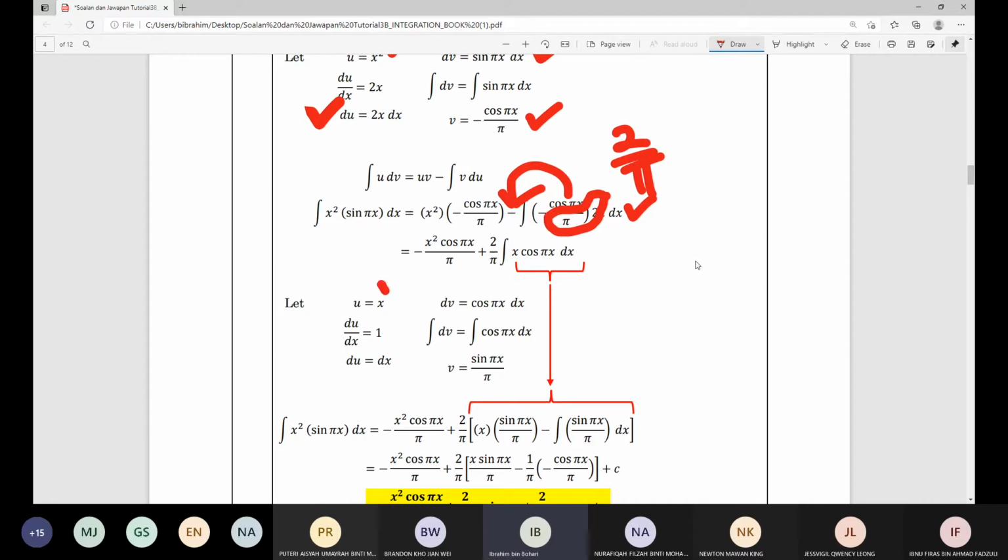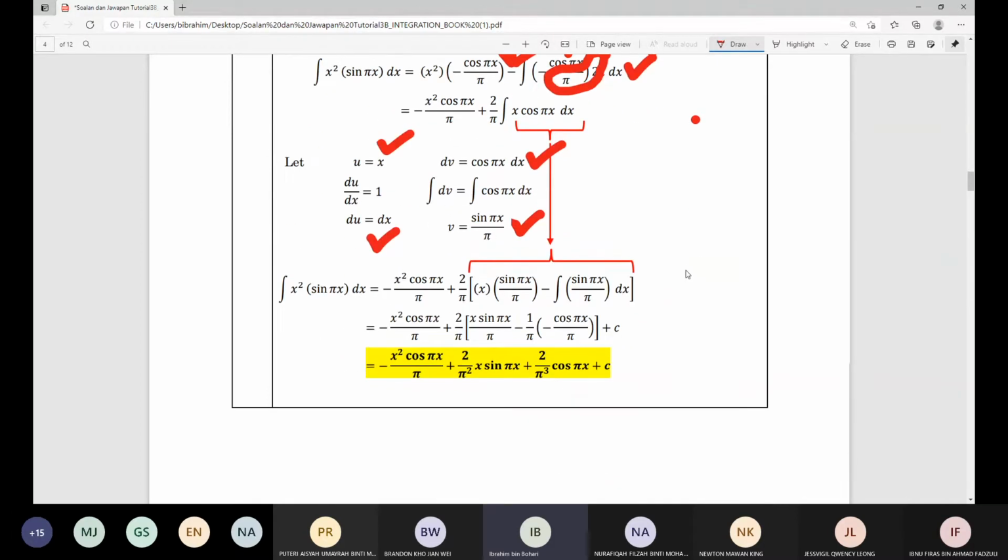Here u equals x, and du over dx equals 1, so du equals dx. And dv equals cos πx, and v equals sin πx over π. You get the constant 2 over π, and you integrate cos πx; you have to take the constant out.